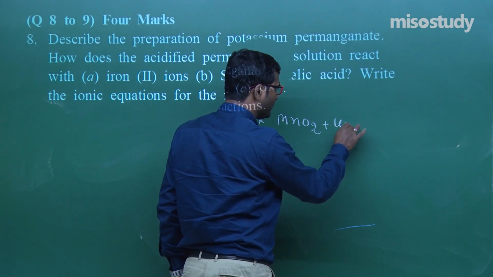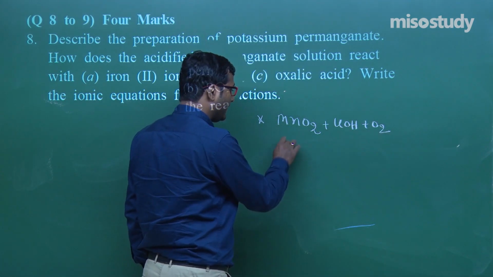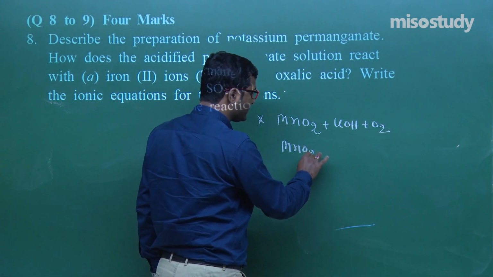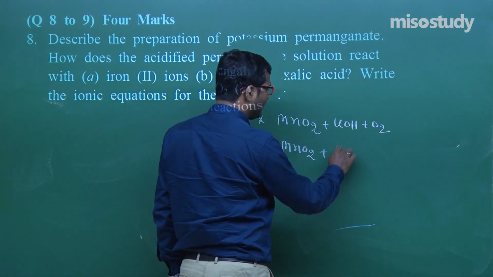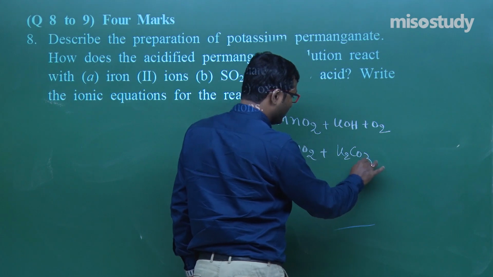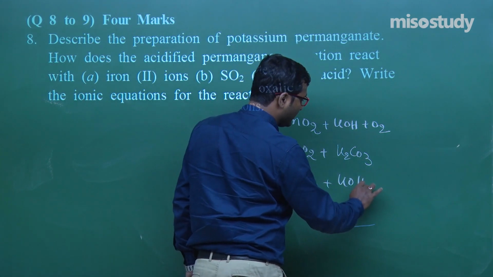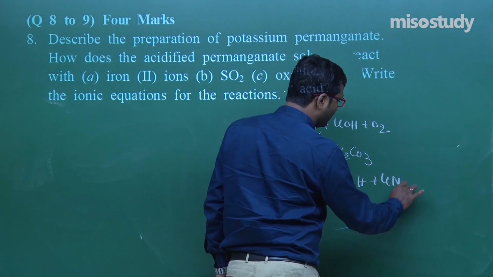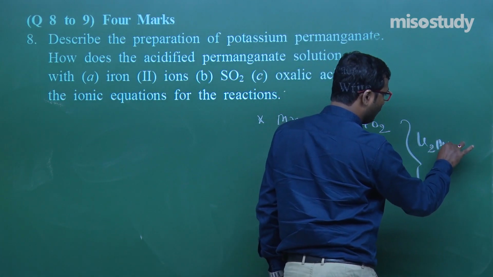MnO2 when treated with KOH in presence of oxygen, or with K2CO3, when MnO2 is treated with KOH in presence of KNO3, there is a formation of K2MnO4.